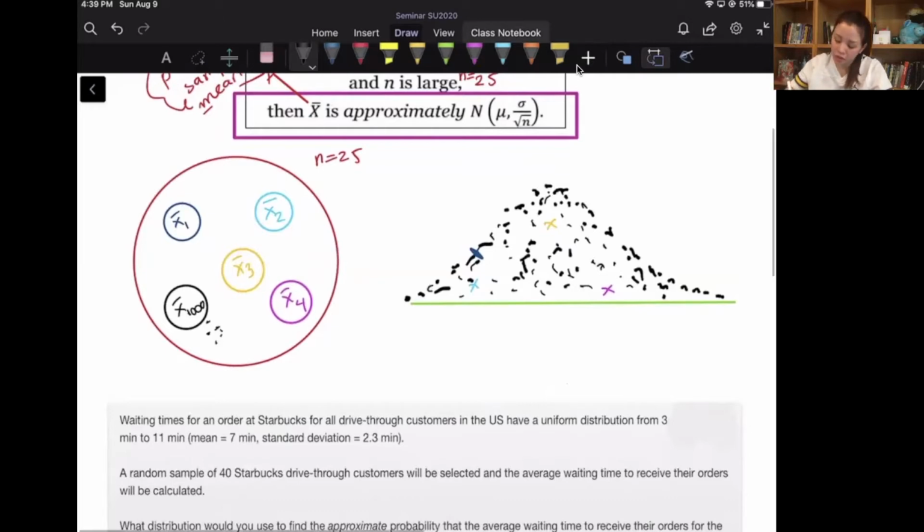If I increase my sample size, now instead of a sample size of 25, I'm going to have like 40 or 50 or even 100.